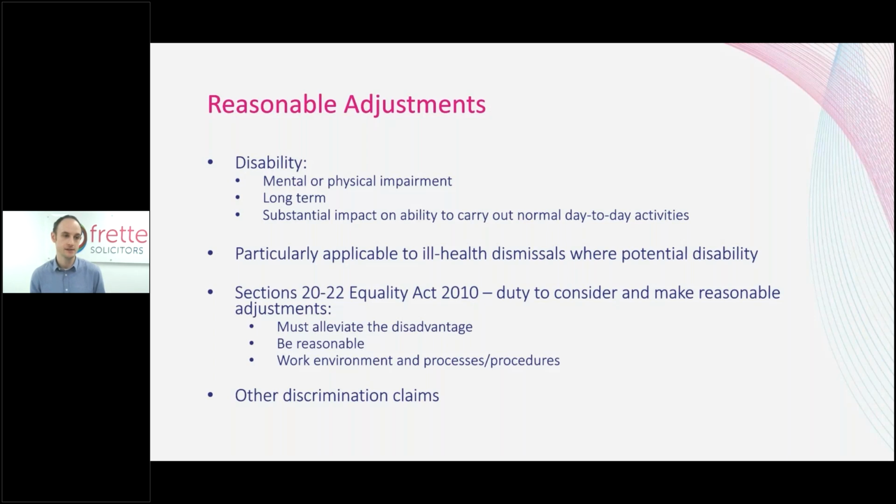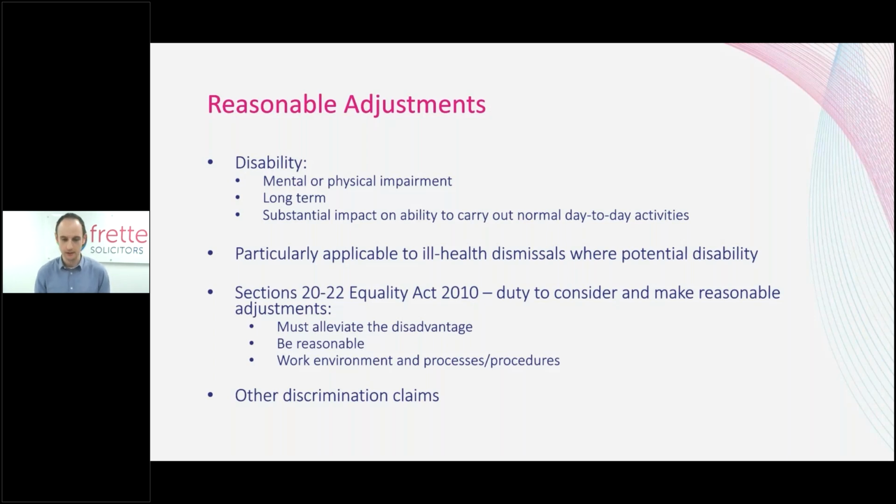And it is relatively simple, normal day-to-day activities: going to the gym, taking the dog for a walk, going shopping, all relevant considerations, all normal day-to-day activities. That, of course, can be quite a difficult test when we're talking about mental health, neurological conditions, so therefore we're probably going to be considering consequences of the condition, social interaction, how the individual perceives things that those of us who are neurotypical may not.